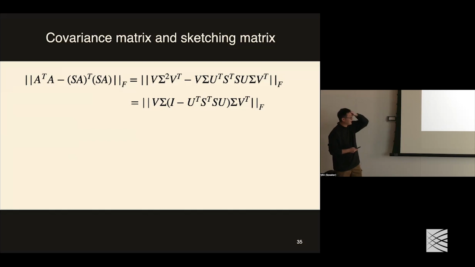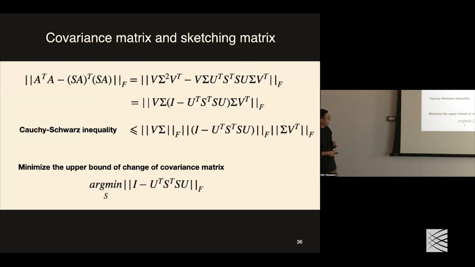Let's go back here. In this construction, V and sigma are fixed. The only unknown is S, because U, V, sigma come from the SVD of the matrix A. We put V sigma from outside into the middle, and we have I minus U transpose S transpose S U. Based on the Cauchy-Schwarz inequality, we can separate V sigma from outside, so our focus is just the matrix here.